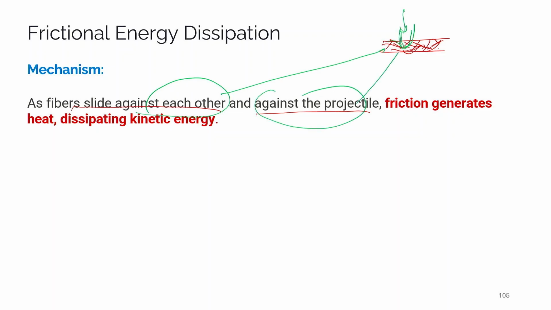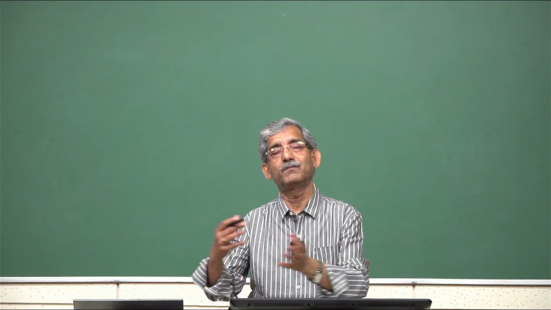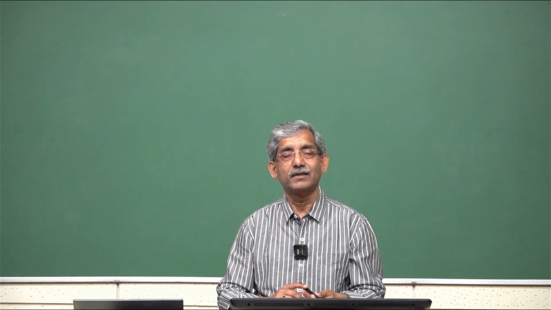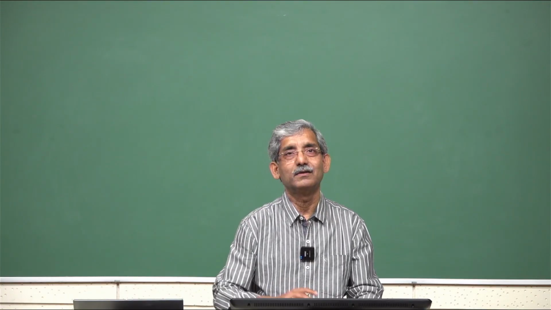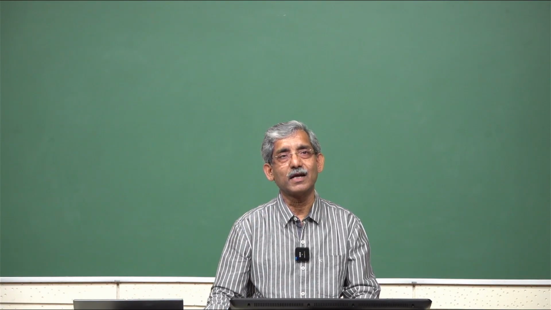When the projectile is hitting the fabric, fiber and projectile friction will be generated, and that will absorb this energy. The friction also generates heat, which actually dissipates the kinetic energy. So, kinetic energy, due to the friction, is converted to heat energy, and whatever energy is in the projectile also gets absorbed.